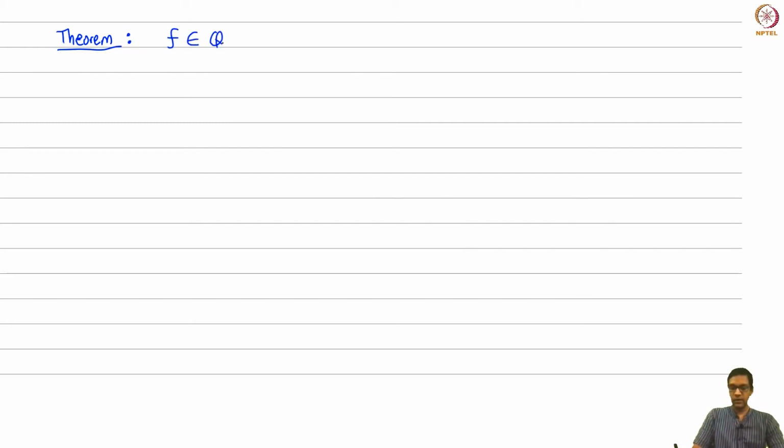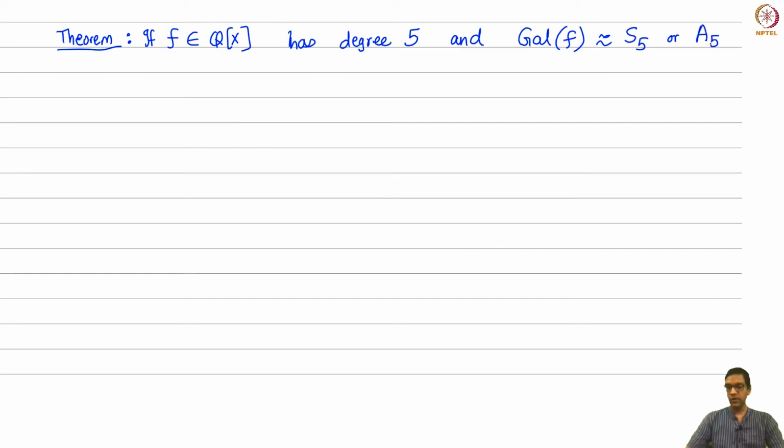Given a polynomial f with coefficients in Q that has degree 5, if its Galois group is isomorphic to either the symmetric group S5 or the alternating group A5, remember that's the set of even permutations, then the roots of f cannot be expressed as radicals.